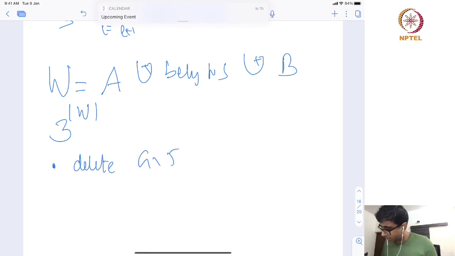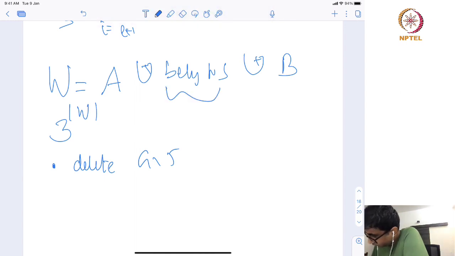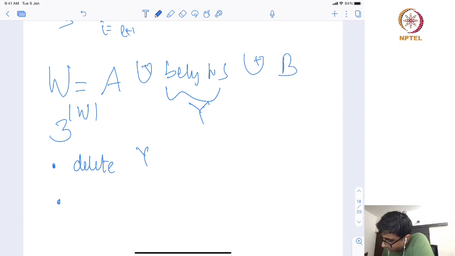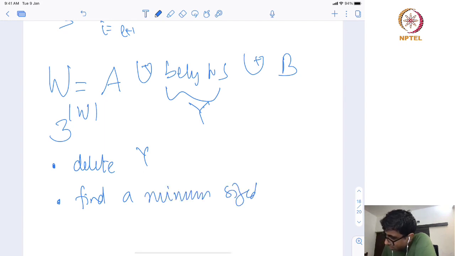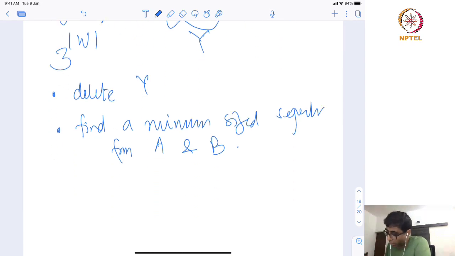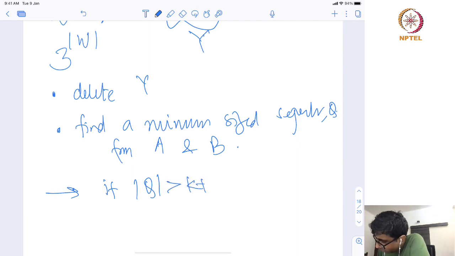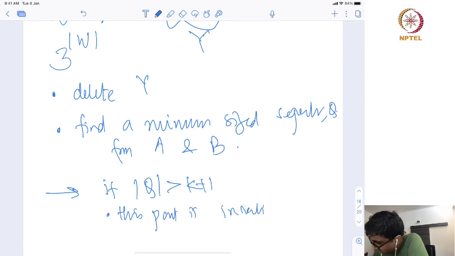Delete G minus S, let's call this Y. Delete Y, and find a minimum size separator between A and B. If the cardinality of this minimum separator Q is more than k plus 1, this part is invalid.